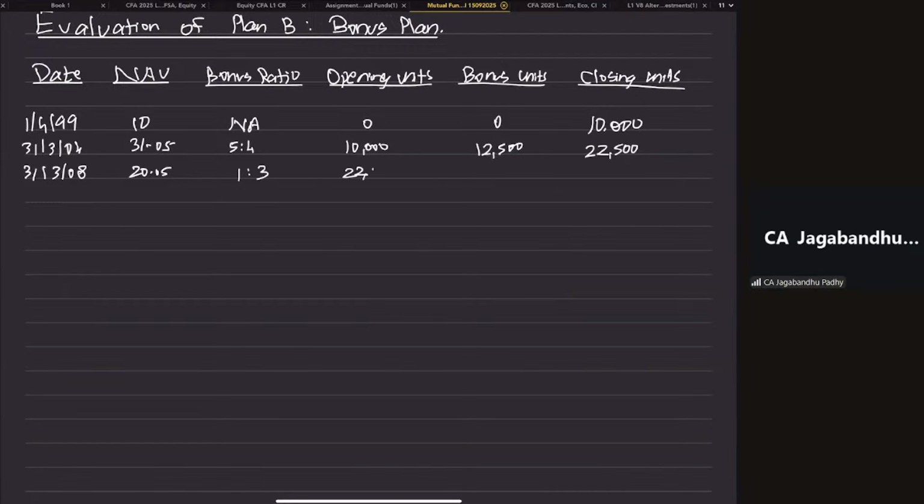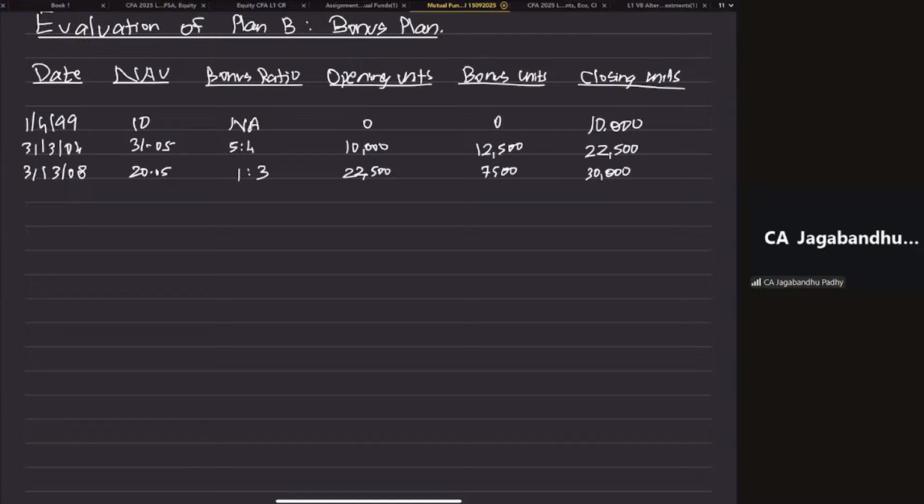Opening units is 22,500. What will be the bonus units? One is to three means one unit for every 3 units. 7,500. So this is going to be 30,000.